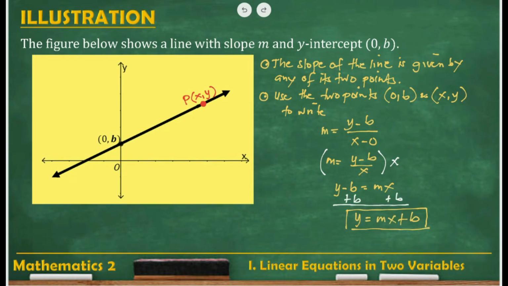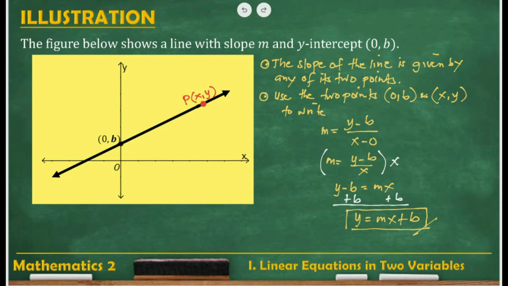If we try to isolate y, then we need to add b to both sides of the equation. That's the same as transposing negative b to the right side of the equation. So adding b to both sides of the equation, we obtain the equation y is equal to mx plus b.